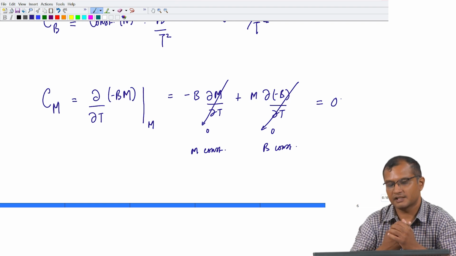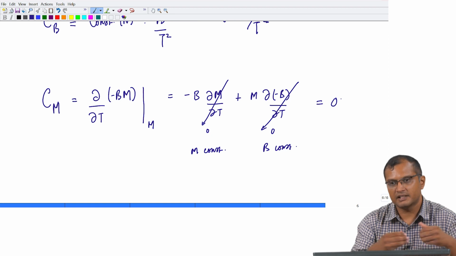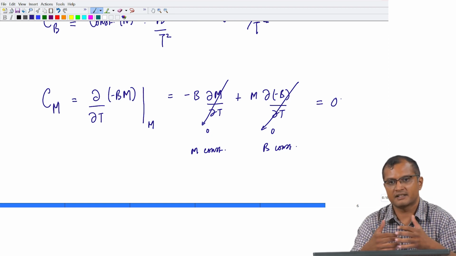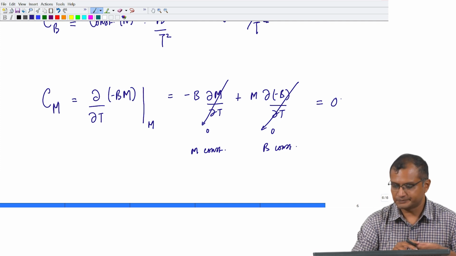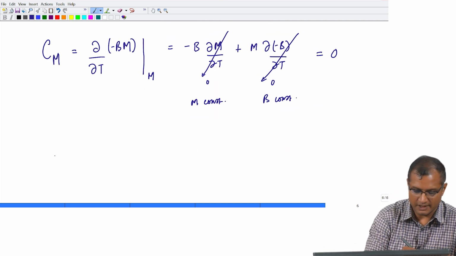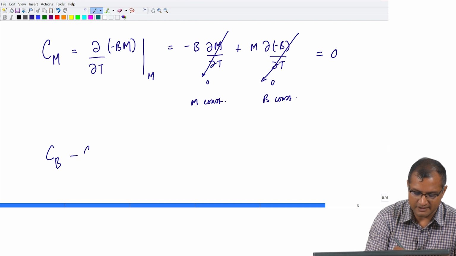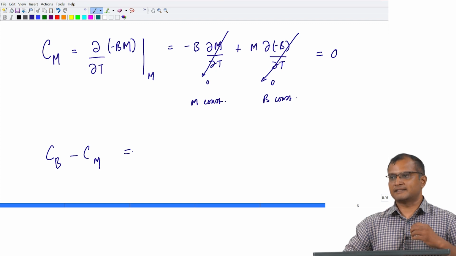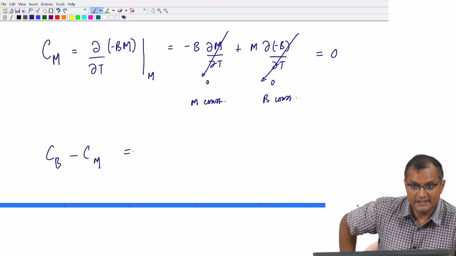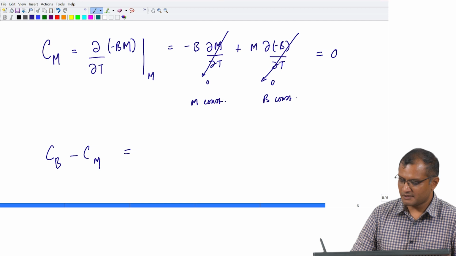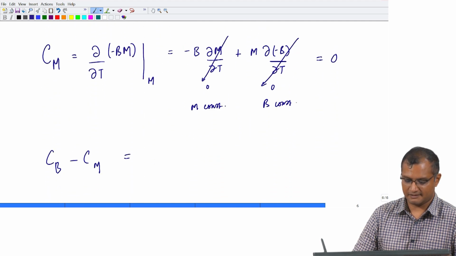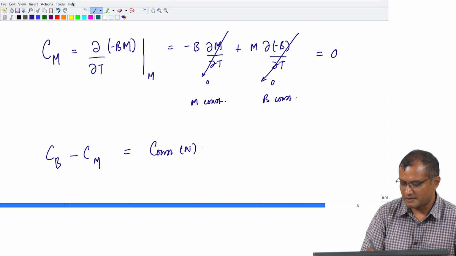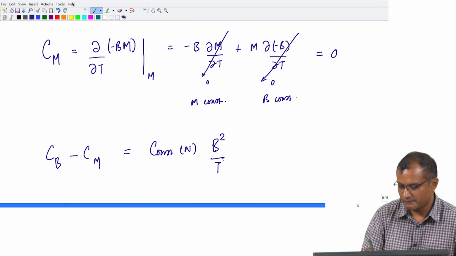So, you will say that this is 0 because the slightest amount of energy applied changes the magnetization. I can now write down that heat capacity difference in the same vein as the Cp minus Cv of ideal gas. We now have CB minus CM, which is nothing but CB, which is just some system size dependent constant into B square by T square.